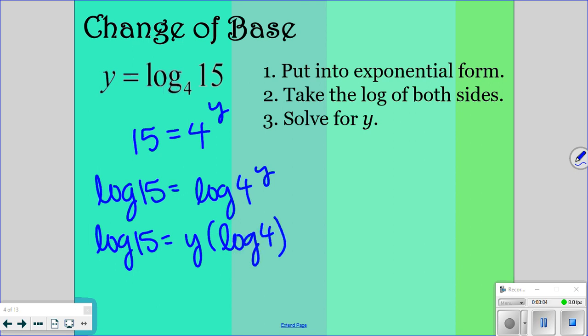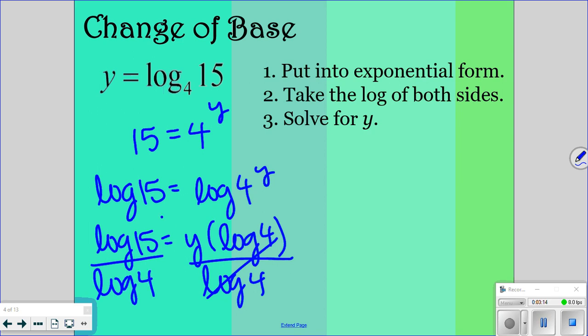And then how can we solve for y? All you have to do is divide by log base 4. And that's what y equals here. And so that's your change of base. We've changed it to a base of 10 now. That's log base 10 of 15 over log base 10 of 4.